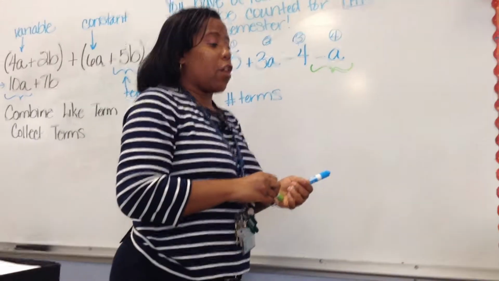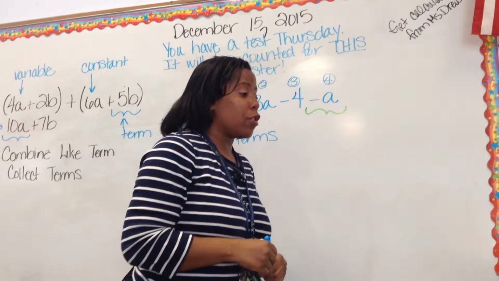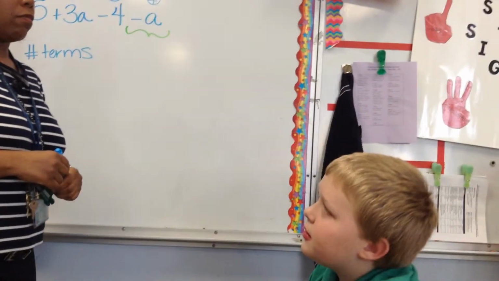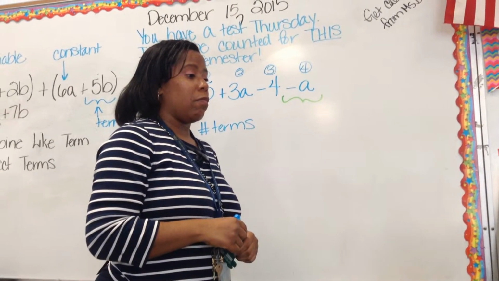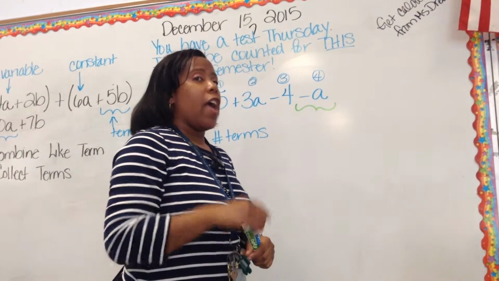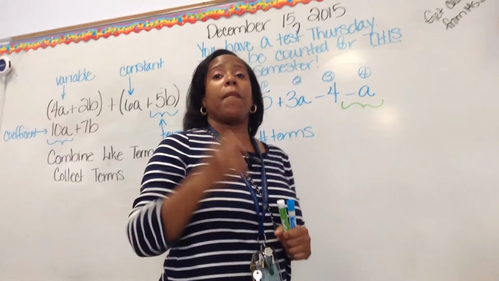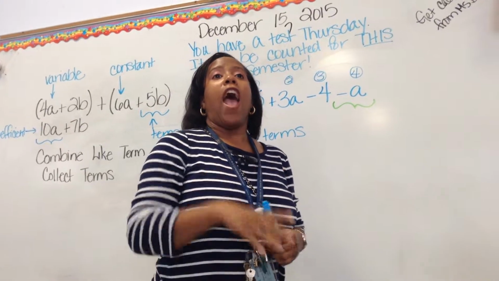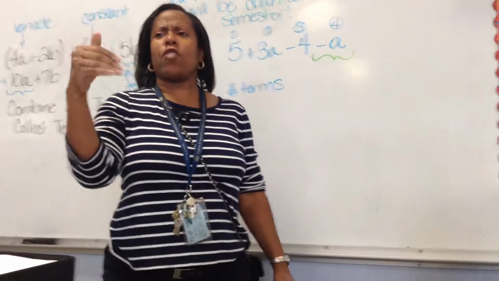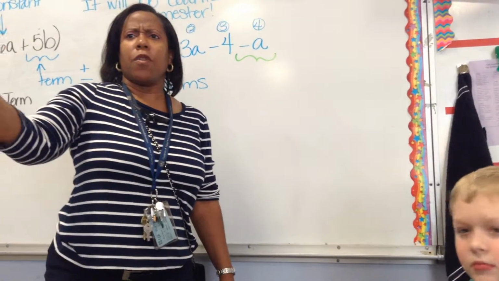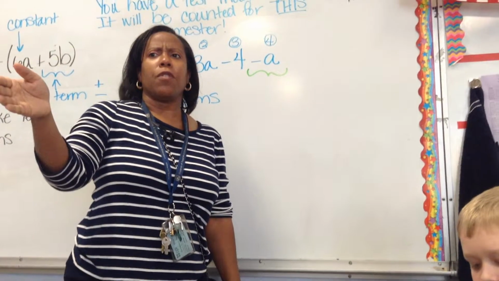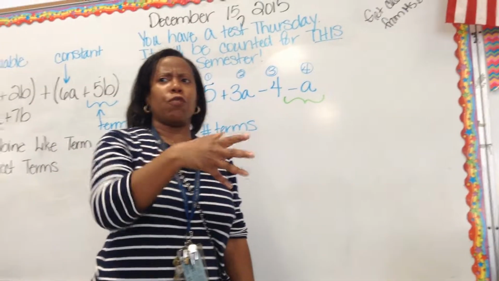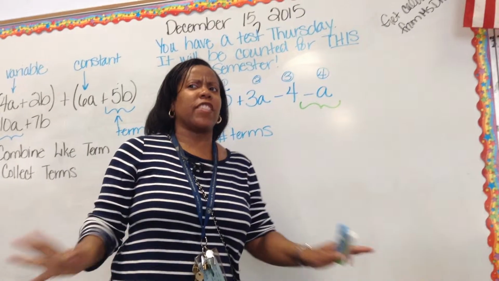Now, about that coefficient, if I say open the door, but who am I telling to open the door? Oh, so you is understood. We don't have to write you for you to know that I want you to open the door. We don't have to say it, do we?